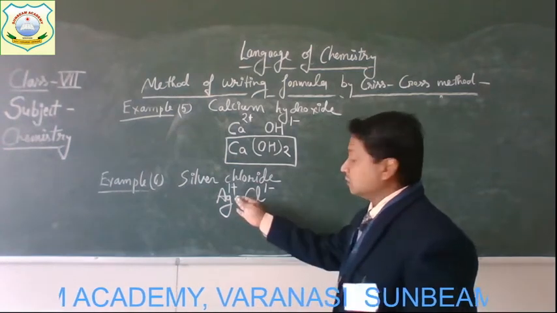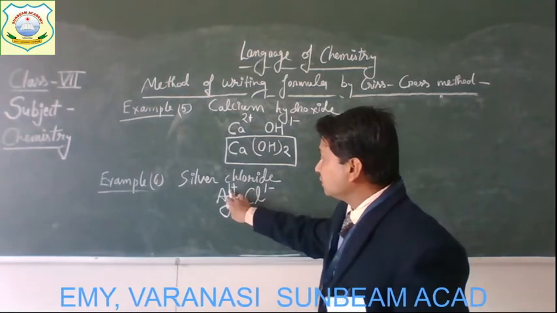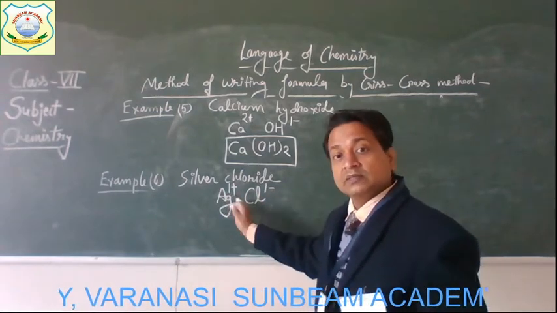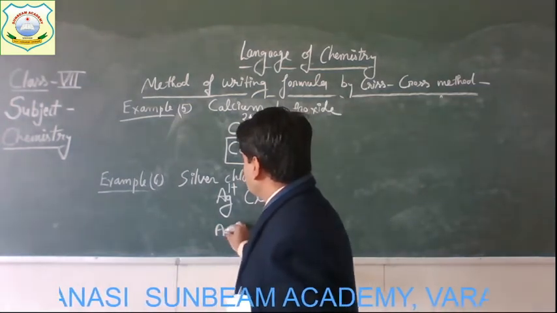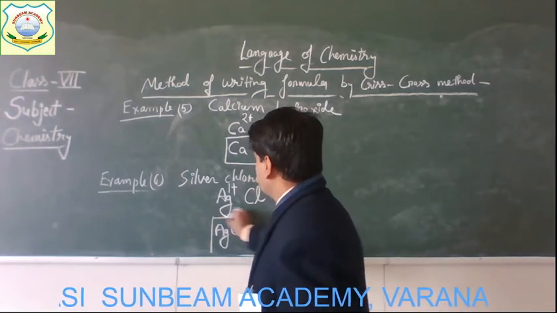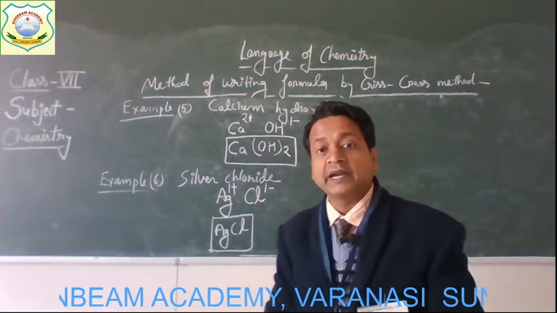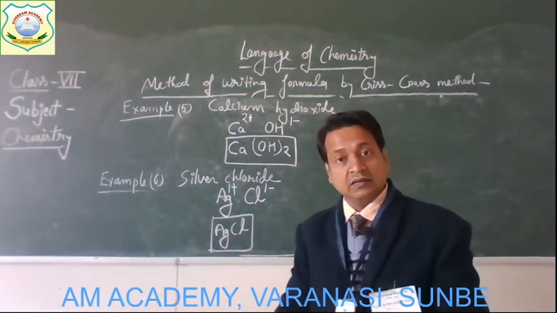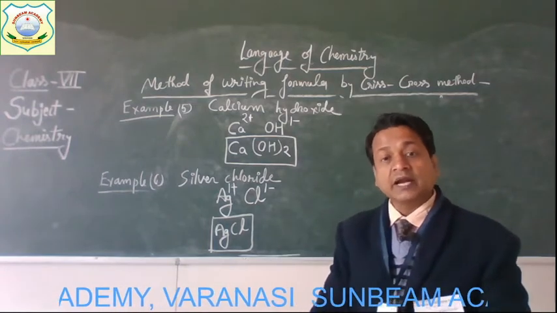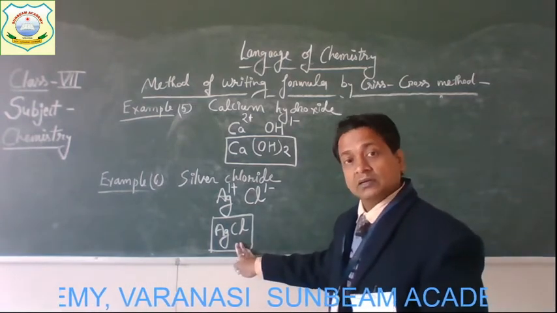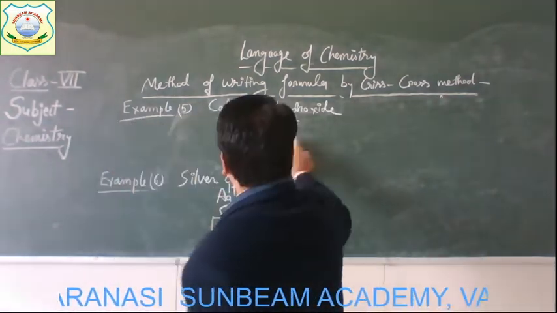Now we will remove the common factor 1, and after removing this common factor, we simply write the formula, that is AgCl. So this is the formula of silver chloride, AgCl. Alright children, understood how to write the formula of silver chloride? Okay, now take another example.